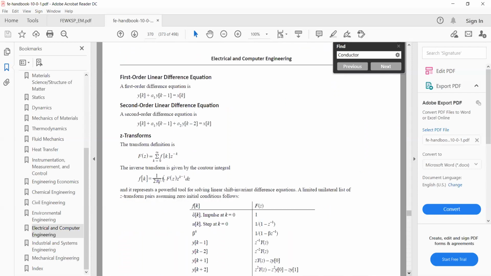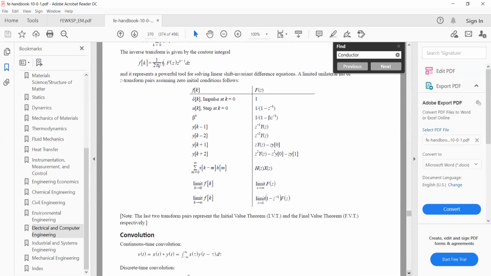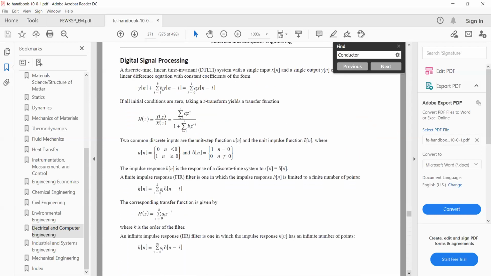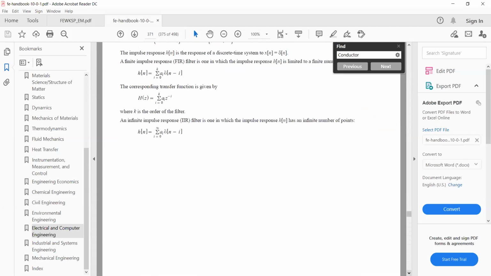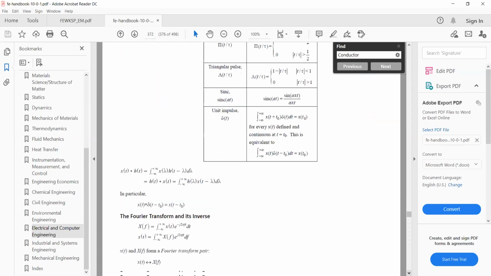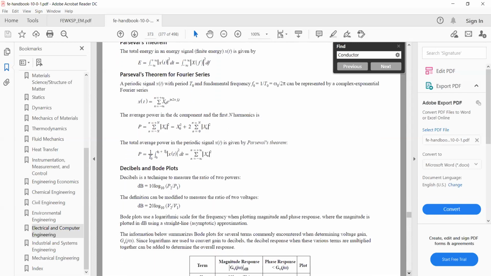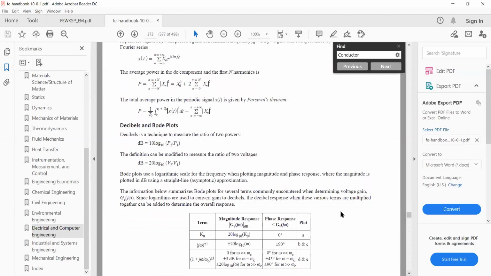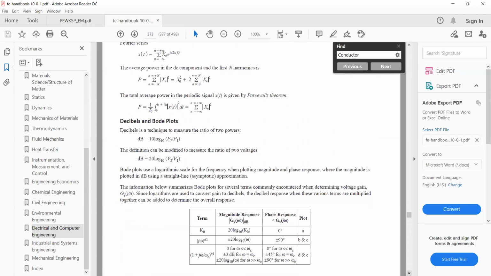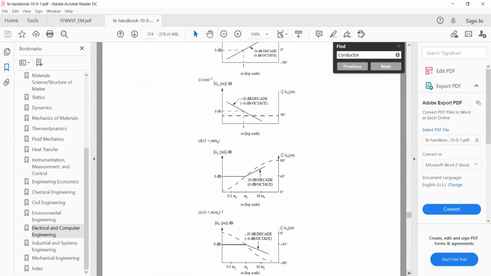Transmission lines, difference equations. All right, digital signature post. Okay, so now it looks like we're getting into computer engineering stuff. At this point, a lot of this may not necessarily be applicable to what we're dealing with, so we can probably stop here and get into some problem solving.